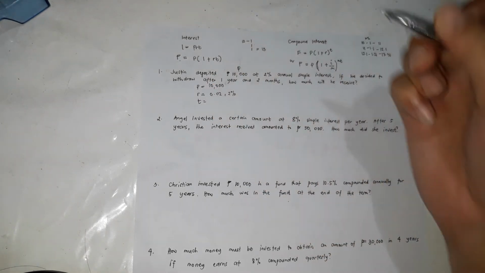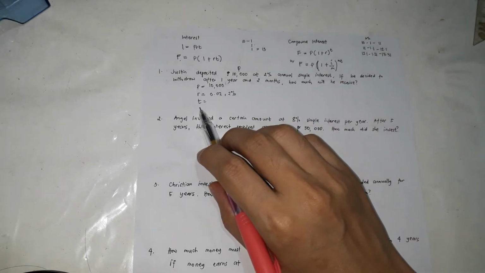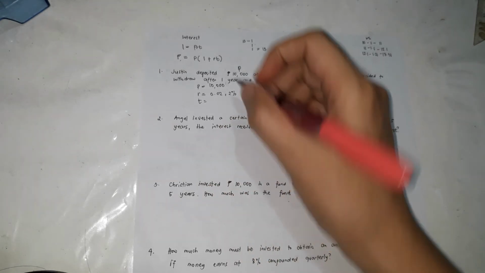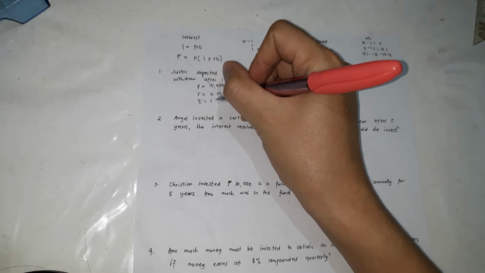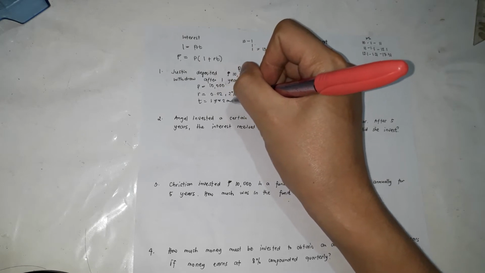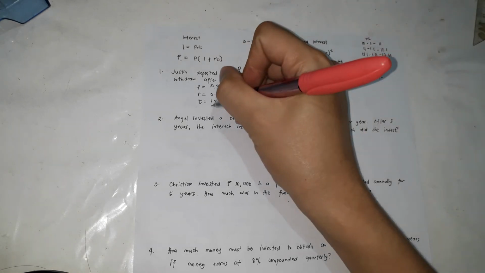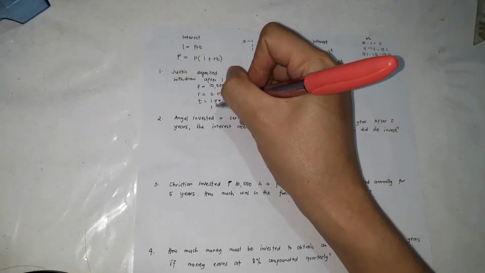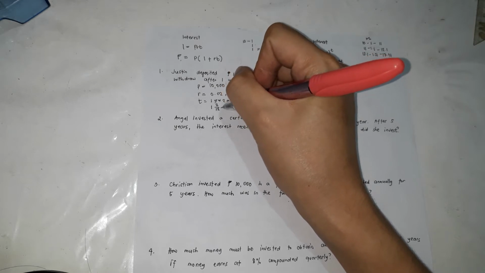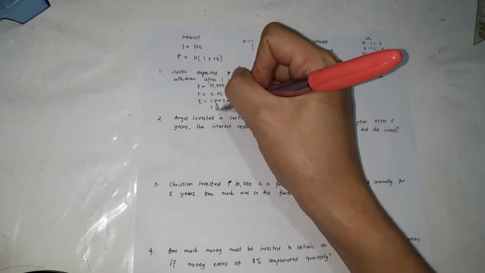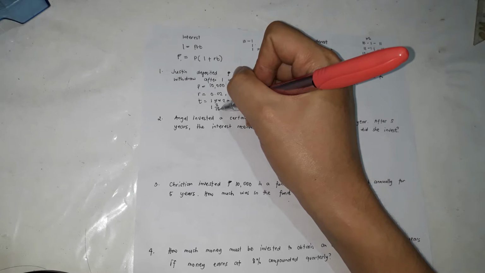Time. The time is 1 year and 2 months. So the unit for T is the year. So 1 year and 2 months should be converted to years. So ang 1 year and 2 months, how many years? So it would be equal to 2 divided by 12. Bakit 12? Kasi in 1 year there are 12 months.